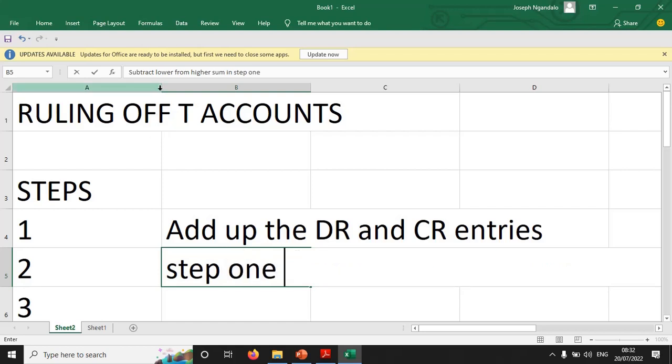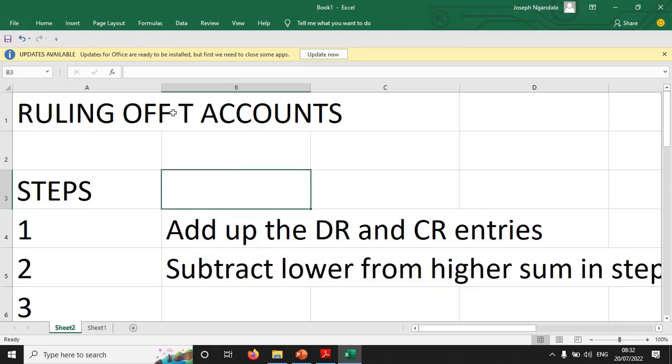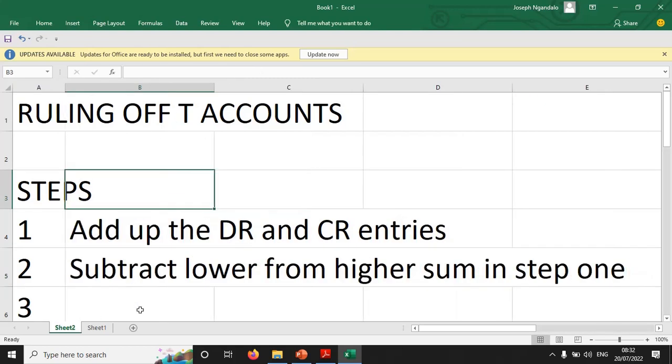I think this should not be very difficult. I hope you're following through. Subtract the lower from the higher sum in step 1.